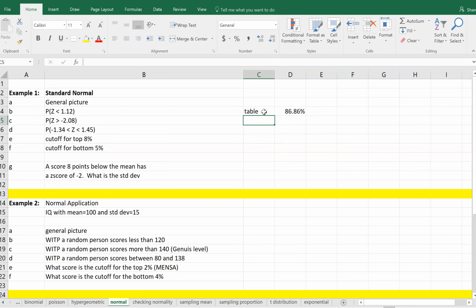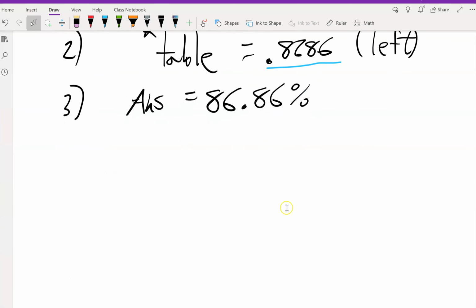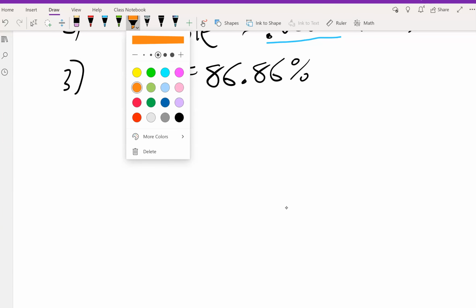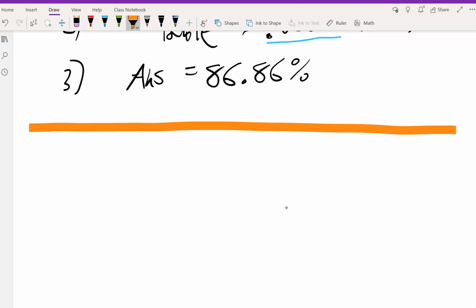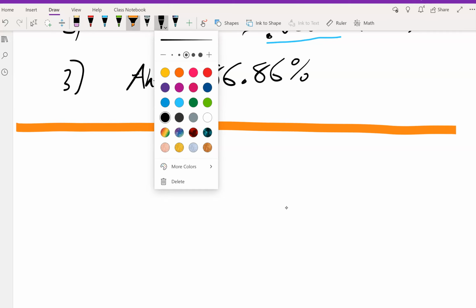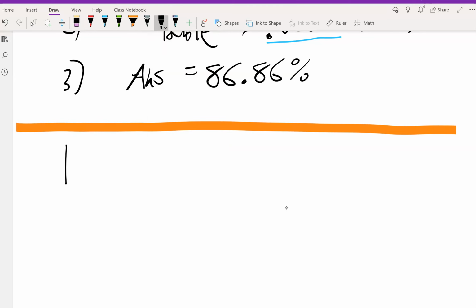All right, part C. What if I want the probability Z is greater than negative 2.08? All right, good question. Back to work. So I want the probability that Z is greater than, let me check one more time, negative 2.08.